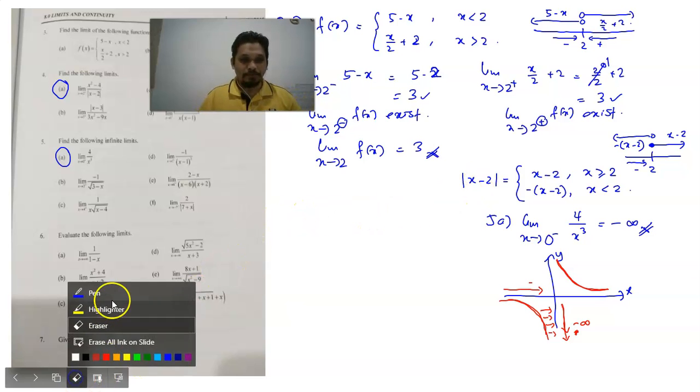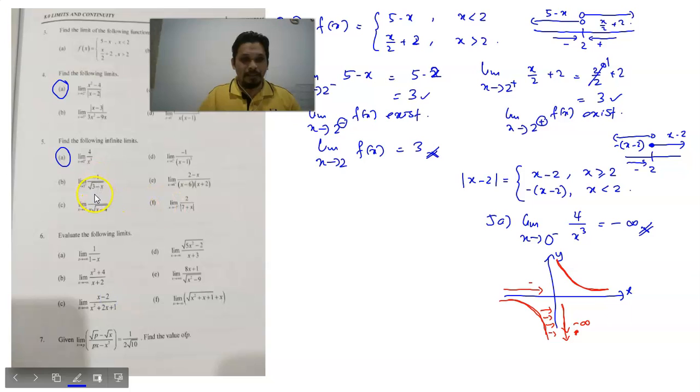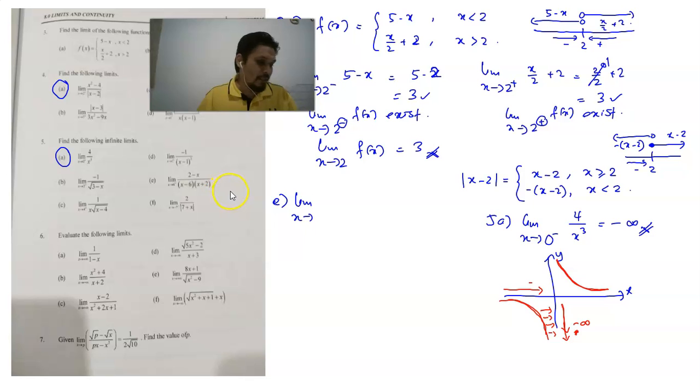Now, let's say the question of 5E. Limit as x approaches 6 from the left of (2 minus x) divided by (x minus 6)(x plus 2).